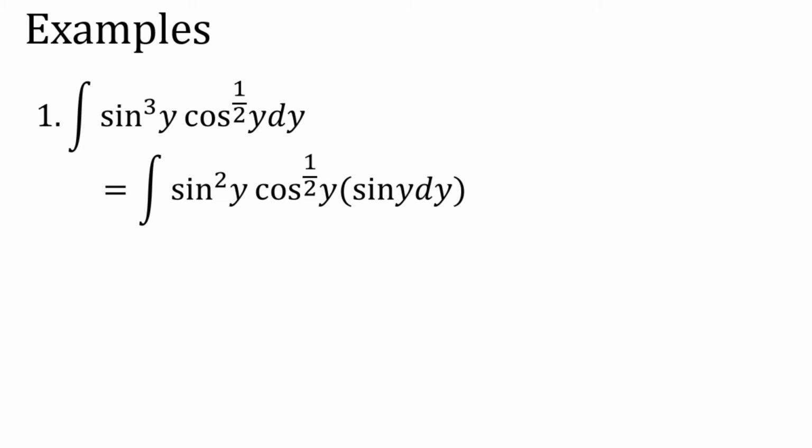So now we're going to have the integral of sine square y cosine 1/2 y sine y dy. Why did we choose sine y to be beside dy? Because 3 is the positive integer. 1/2 is not an integer, okay?